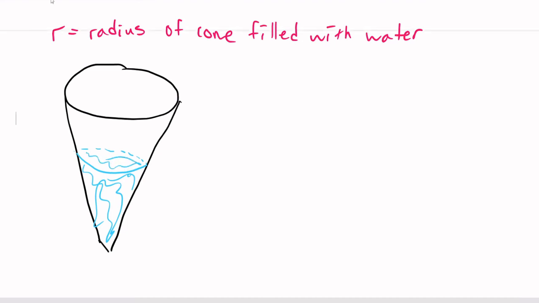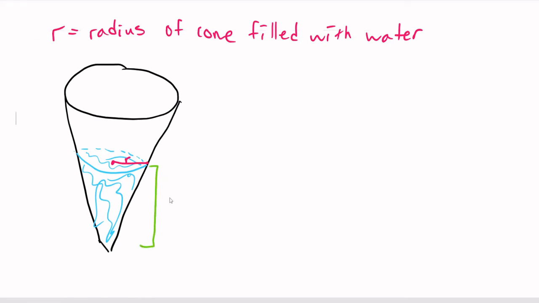Okay, so what is R specifically? R is not going to be 5, it's going to be the radius at this point. So once we fill it up with some water, if you just stop for a second and think about what's in there, that is a smaller cone inside. That's R. And the H that we actually want to consider is this height.